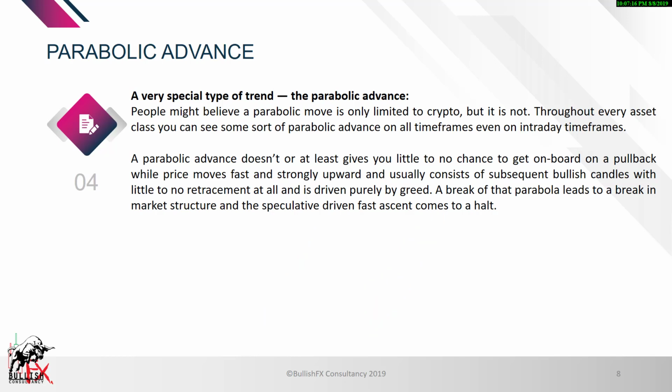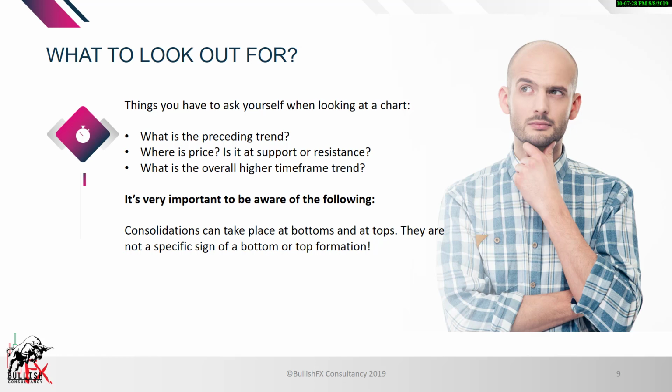Now, there are certain aspects or characteristics that you have to look out for when you are reading a market structure. Things you have to look out for. The moment you open a chart, you need to ask yourself, what are you looking for at a chart?